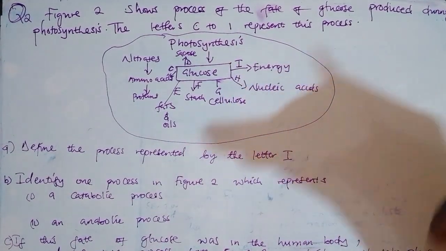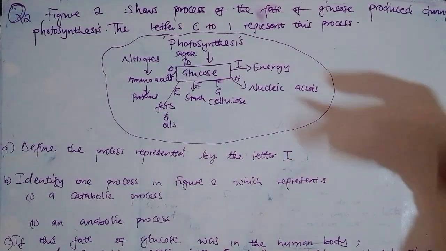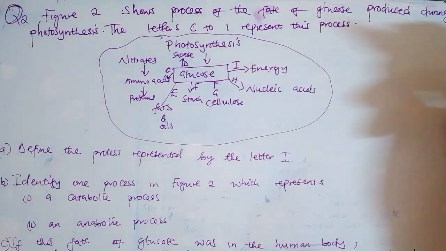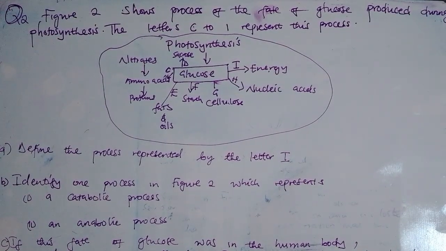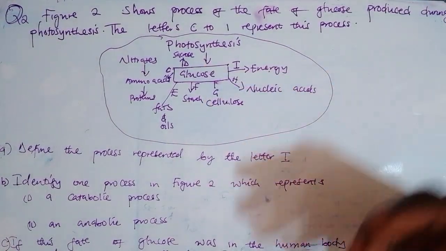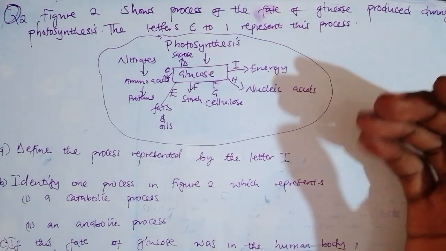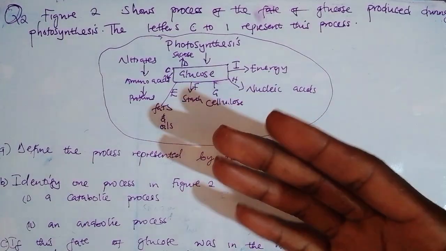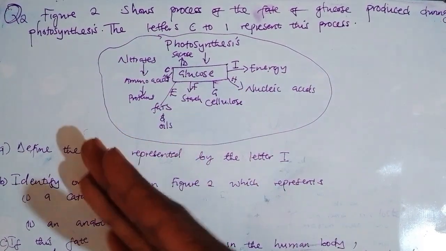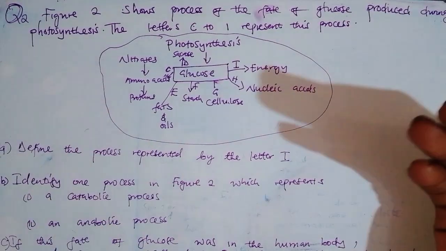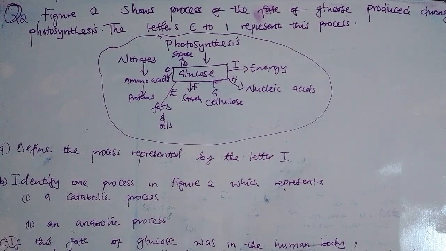So what are some of the fates of glucose? The first one, we see that it's I, which is glucose is broken down so that energy can be formed. Another thing is nucleic acids are formed from glucose, also cellulose, starch, fats and oil, proteins, amino acids, all those things.